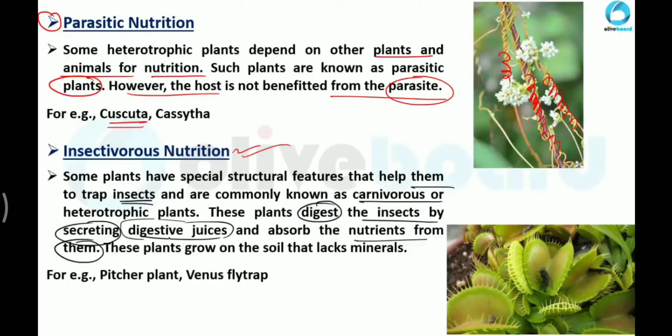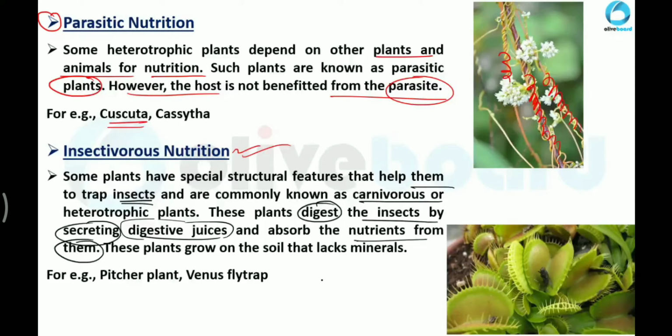Like pitcher plants or the Venus flytrap, they trap the insects, and after trapping, they secrete digestive enzymes or juices.